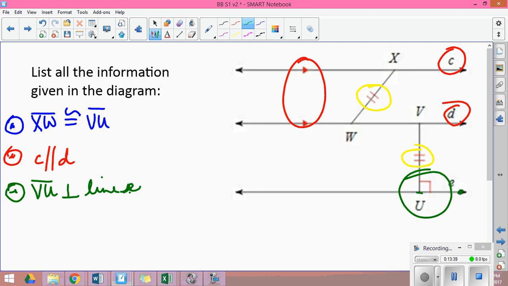It's kind of hard to name because we're missing a point here, but if I make this a point M out here, another way to say the same piece of information is that angle VUM equals 90. So you can get all of that information from the picture. So that's the first part of this lesson. Please tune into the second video for part 2.